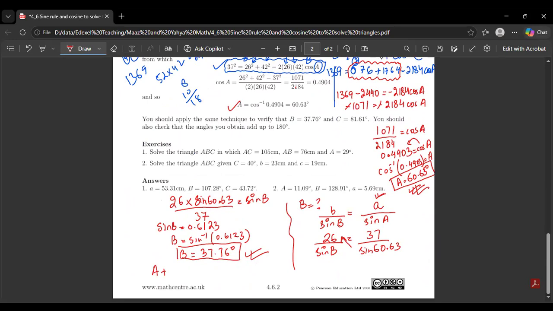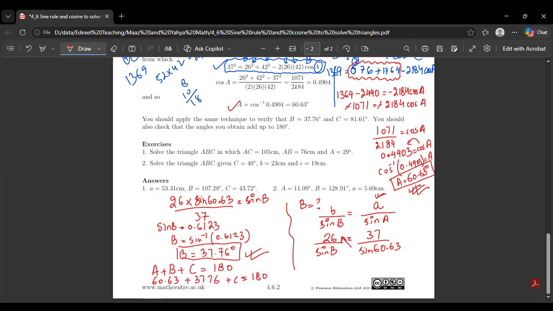Now, if I take the sum of all angles, will I get 180? Yeah, for the triangle. So I have this A, 60.63. I have this B, 37.76. I have C, which is unknown.